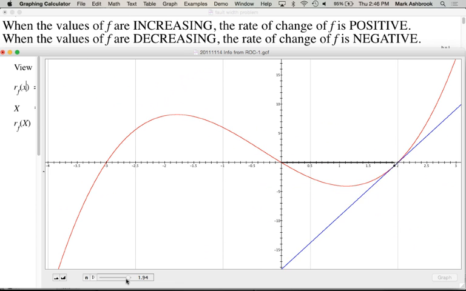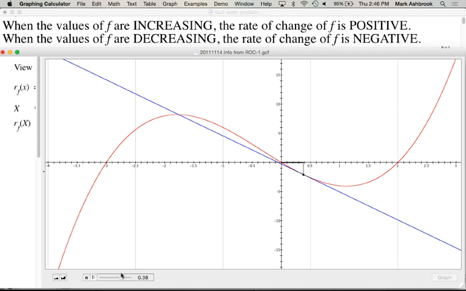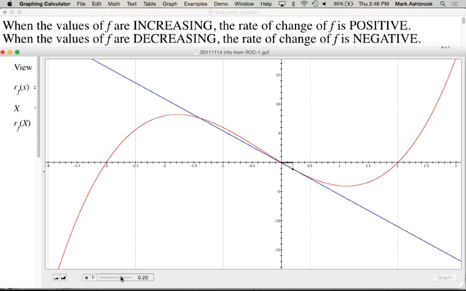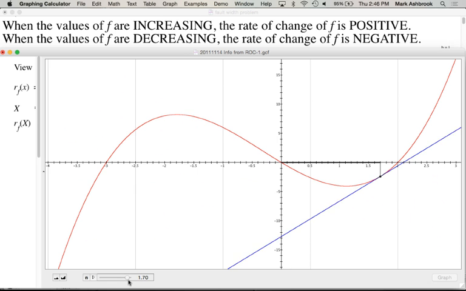So how fast the function is changing is increasing. And so what does the graph of the function do? It turns up. On the way down, it's turning up, and on the way up, it's turning up. So the rate is increasing.